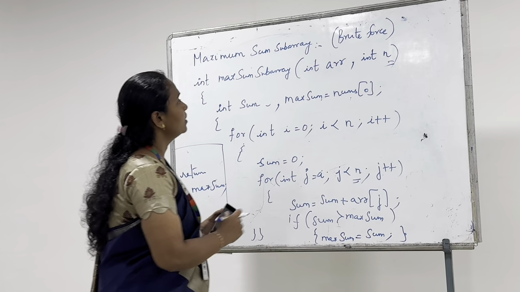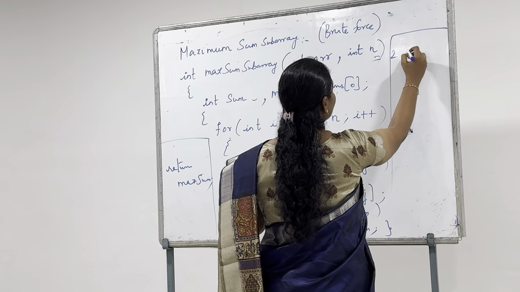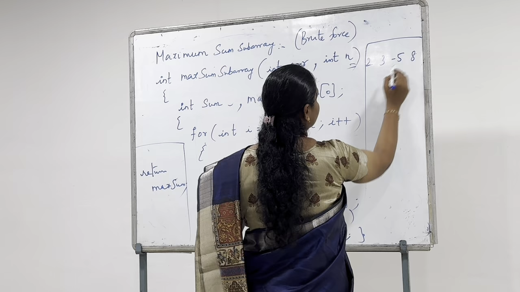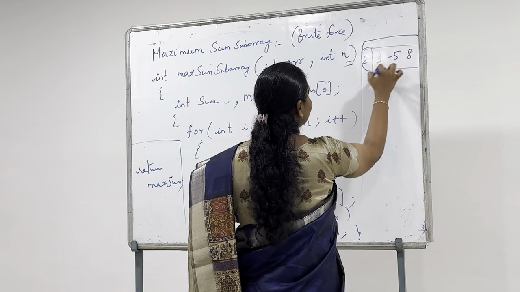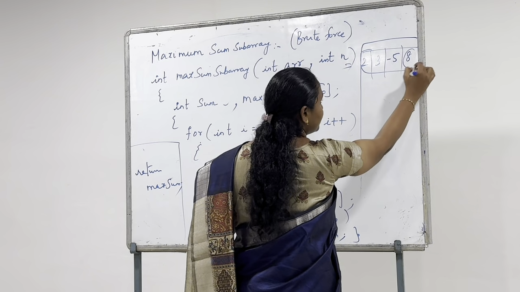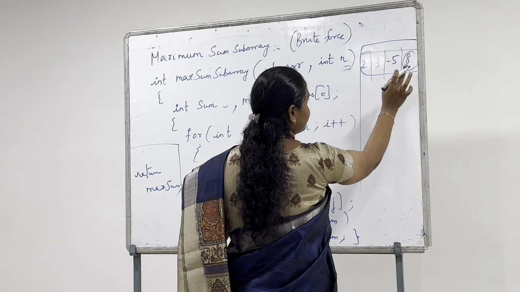Okay. For example, take an array 2, 3, -5, 8. In this array, the maximum sum will be provided by the subarray 8, because this is -5.